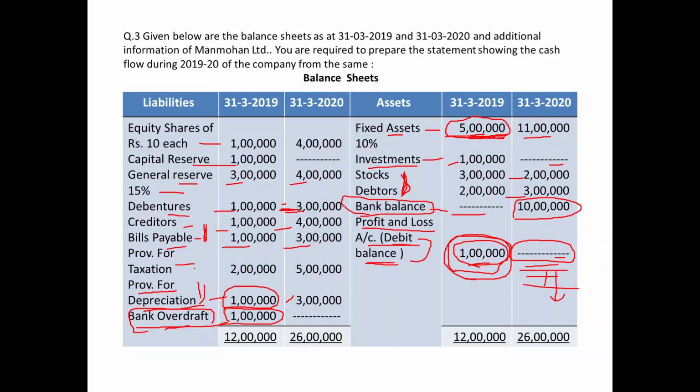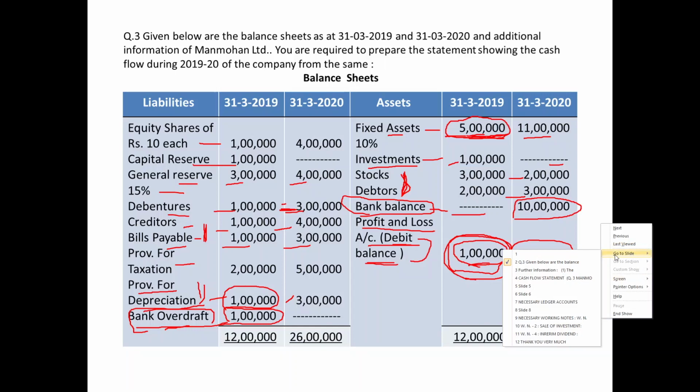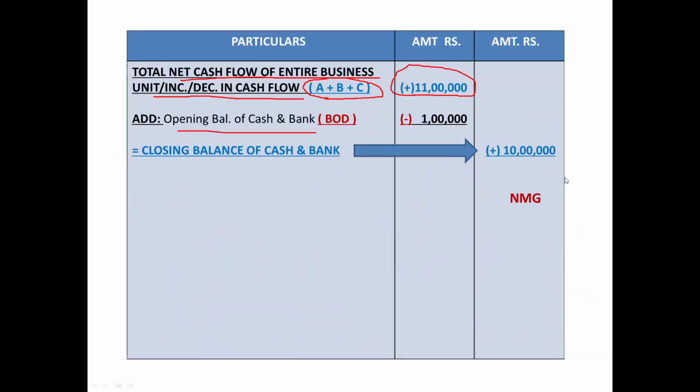So let us adjust this bank overdraft balance in the cash flow statement. Rupees 1 lakh. So it is a bank overdraft and that is why we are deducting it. Balance of bank overdraft minus 1 lakh. 11 lakh minus 1 lakh, that gives the final answer. Closing balance of cash and bank rupees 10 lakh as we saw in the balance sheet.